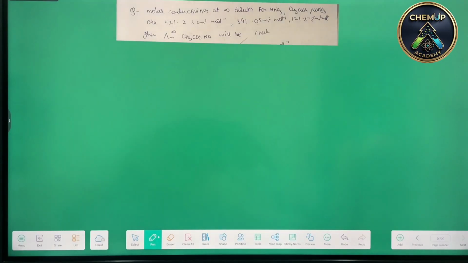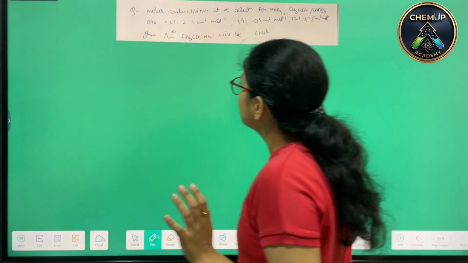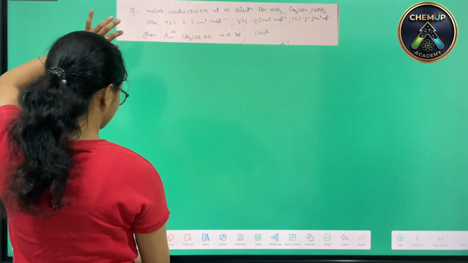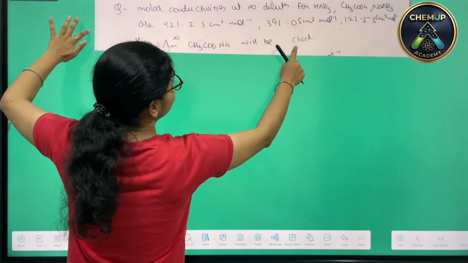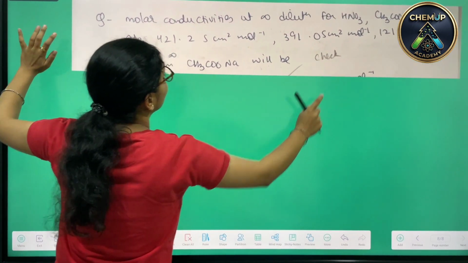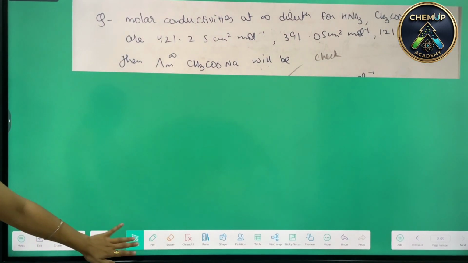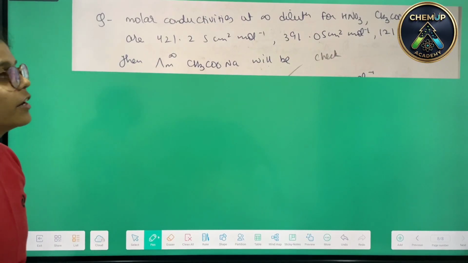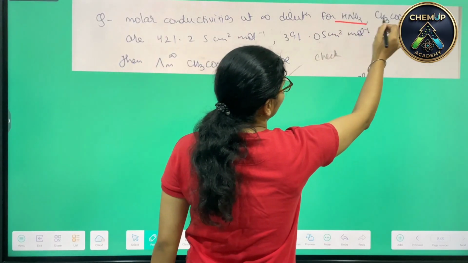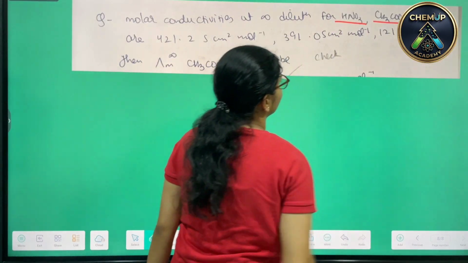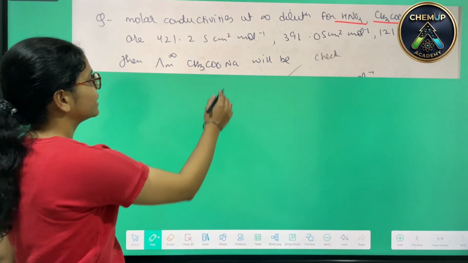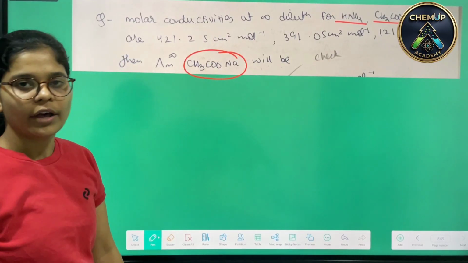Coming on to the next question that we have, it says that molar conductivities at infinite dilution for HNO3 they have provided to you, CH3COOH, NaNO3 has been given. You need to calculate it for CH3COONa.